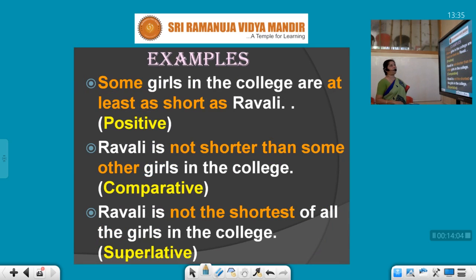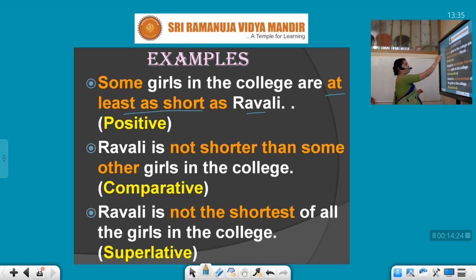Some girls in the college are at least as short as Ravali. So I wanted to say indirectly that Ravali is short. But of course, she's not the shortest, she's not the tallest, she's not ultimate. She's an average. Means there are so many people along with Ravali.